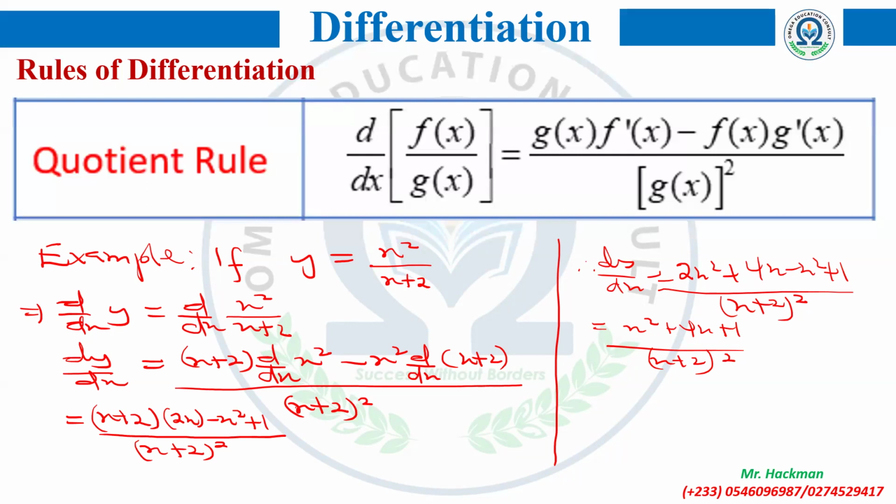Sir, can you factorize the first 2 terms and leave the last one out? No, not when you are doing factorization. If you want to factorize by grouping, if you group the first 2, you have to go and group the last 2. Anytime you are factorizing, you should have brackets there.